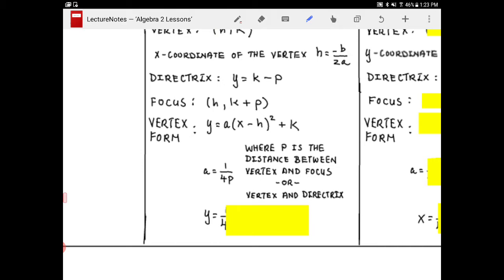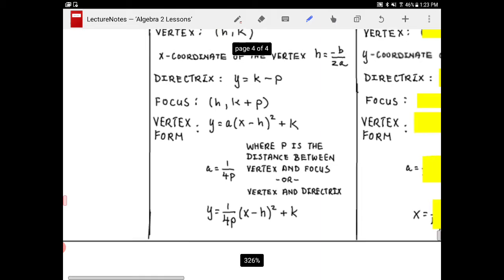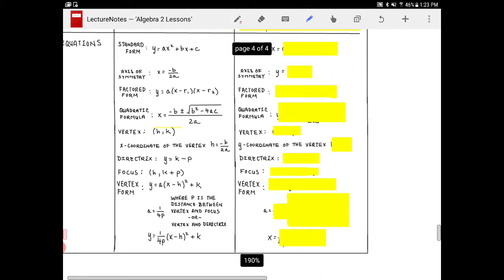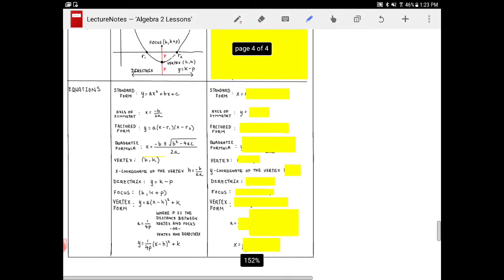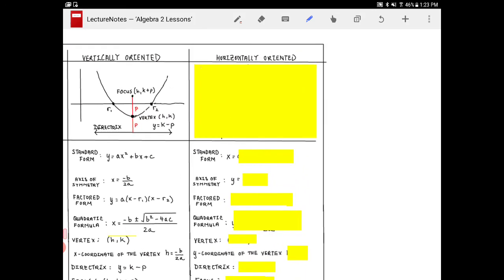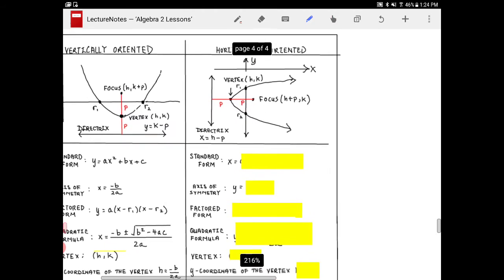So with that understanding, if we wanted to incorporate this idea of the directrix and the focus into the equation of the parabola in vertex form, the equation would transform to look like this. Similarly, if we talk about the parabola that's horizontally oriented, it would look something like this.